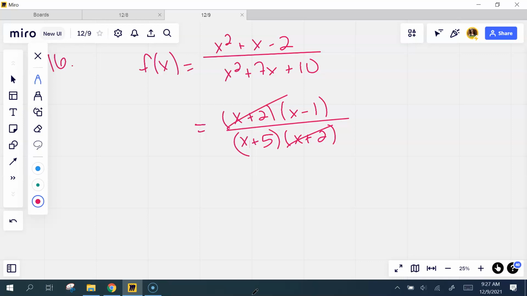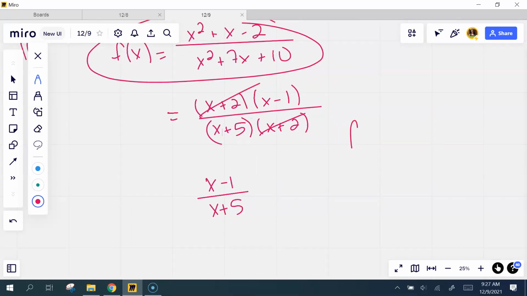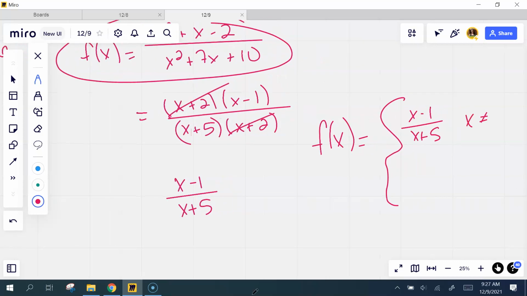Once I get it canceled out, this is not the actual equation, but I've still got a hole at 2. Even though that cancels out, I would still have a hole at 2. So to plug the hole, let f of x be this everywhere except 2.